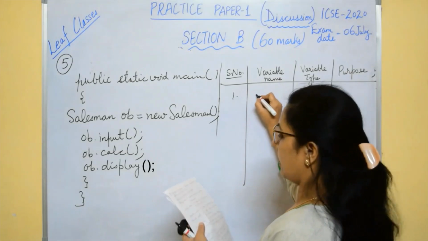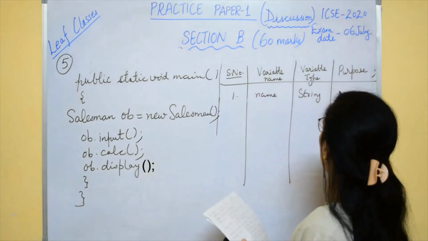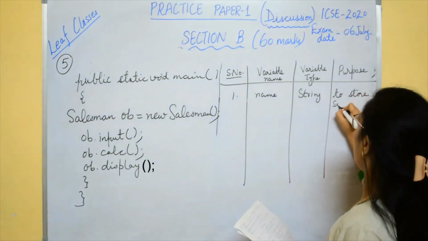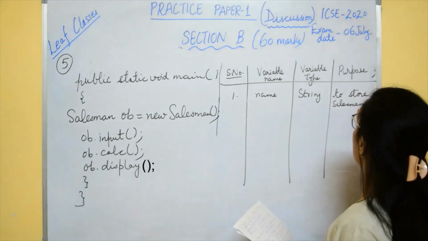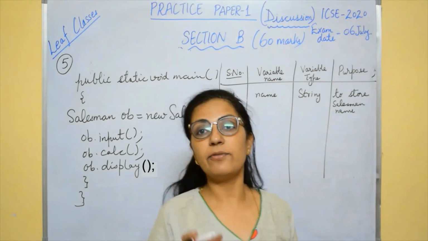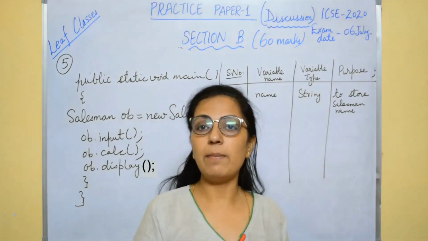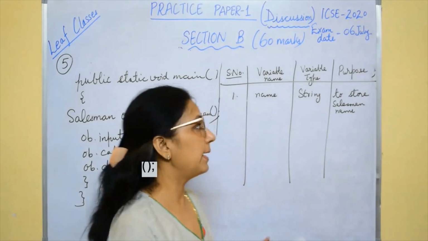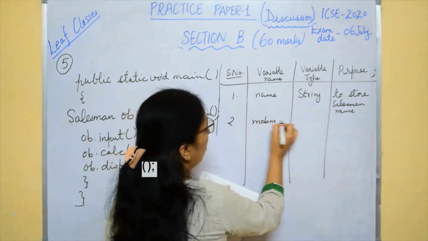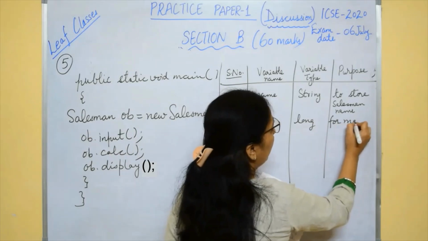Like first is your name, the data type also is given in the question, and here you can write to store salesman name. For writing the purpose there is no hard and fast rule. For which purpose you have used that variable in the program, in your own language you can write that. The second is MOBNO, the type is long, for mobile number.